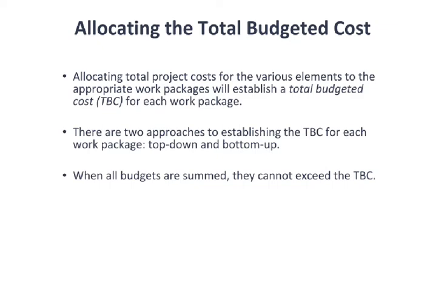You're taking the big budget, imagine the big sum of money for the entire project, and you're cutting that big sum of money up into an allocated portion for a segment of the work. And we're going to call that segment of the work a work package. That could include only one activity. It could include maybe a few activities. Once done, that allocated amount establishes a total budgeted cost, TBC, for that work package.